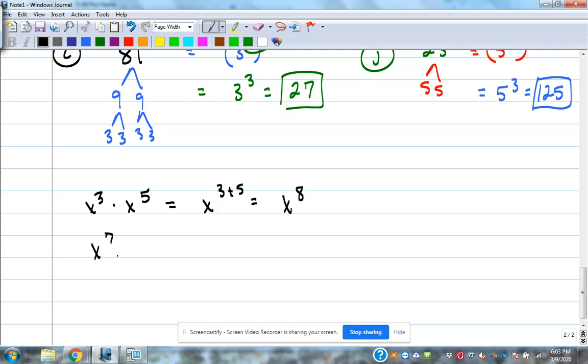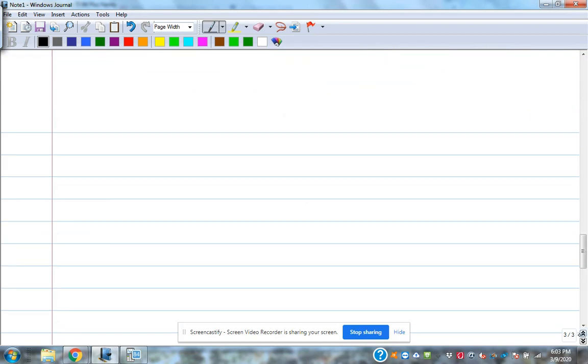What's the rule when you divide? You subtract them. So that'd be x to the 7 minus 2, which is x to the 5th. So we know those exponent rules. Those are the things that we're going to be using as we do these problems with rational exponents. The only thing we're changing is we're putting a fraction in the exponent instead of a regular integer.